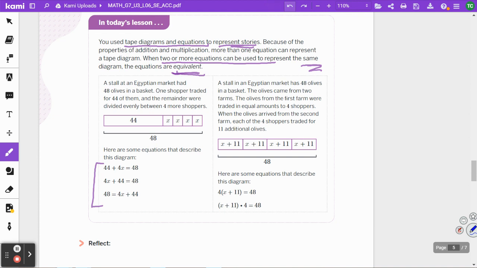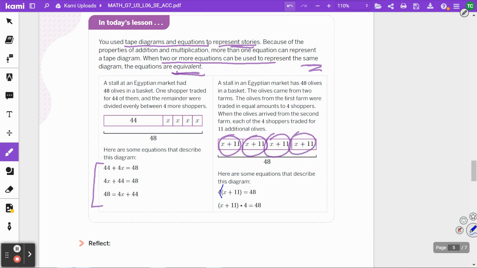On the right side, we get something that's a little different. Stall in a market has 48 olives. That sounds familiar. Olives came from 2 farms. The olives from the first farm were traded in equal amounts to 4 shoppers. When the olives arrived from the second farm, each of the 4 shoppers traded for an additional 11 olives. Okay, so that's 4 sets of x and 11. How do we write 4 sets?